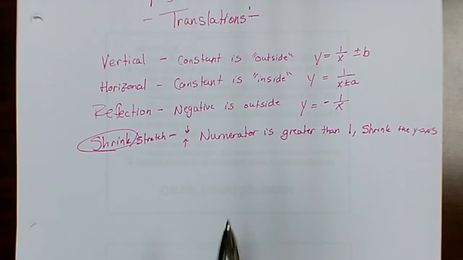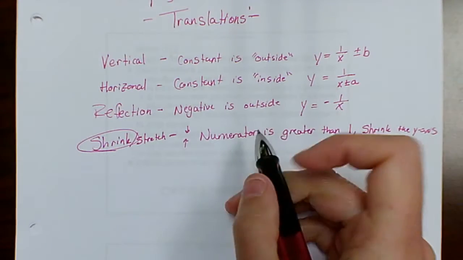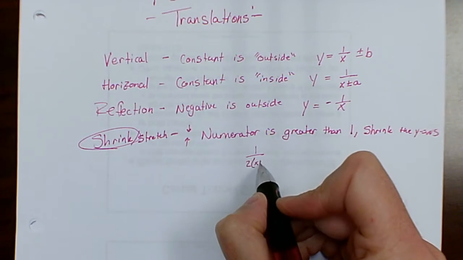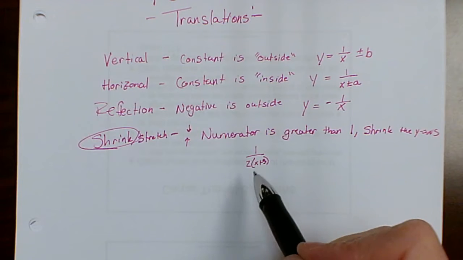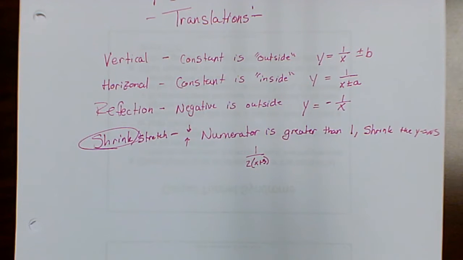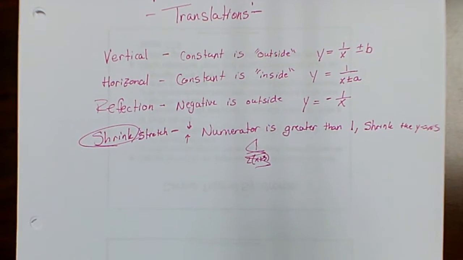If you have a value in the denominator, you can factor it out, and then you would stretch it, but we don't look at those too much or at all.